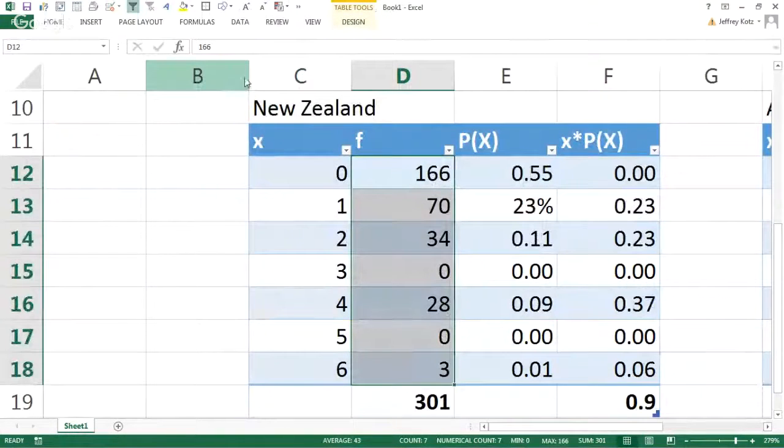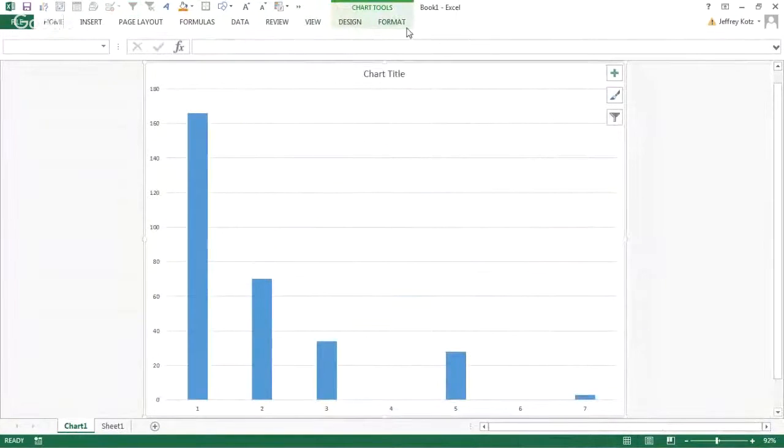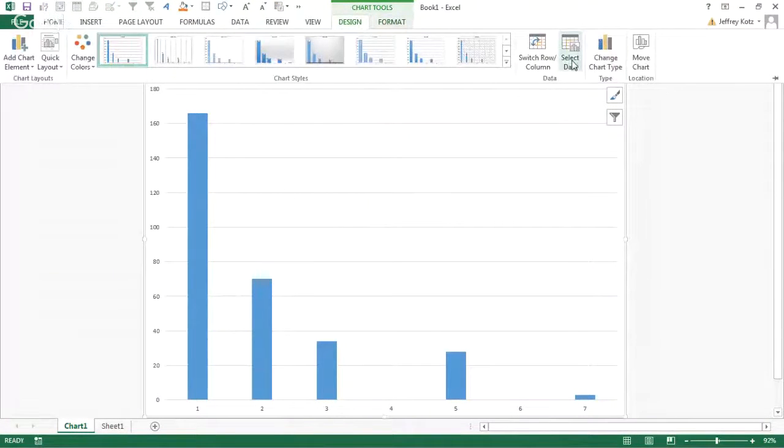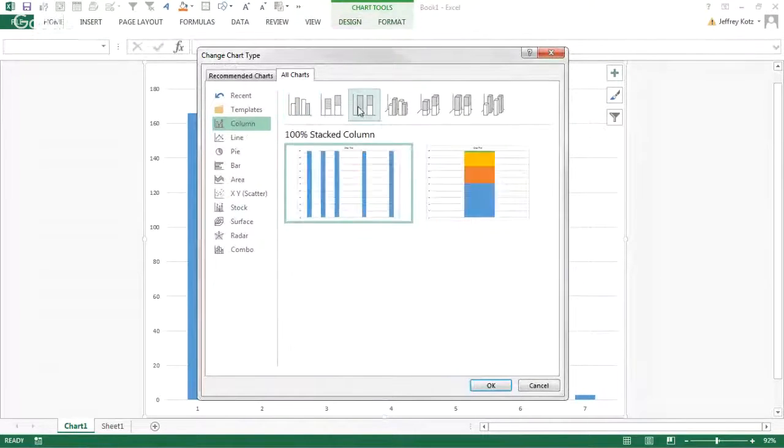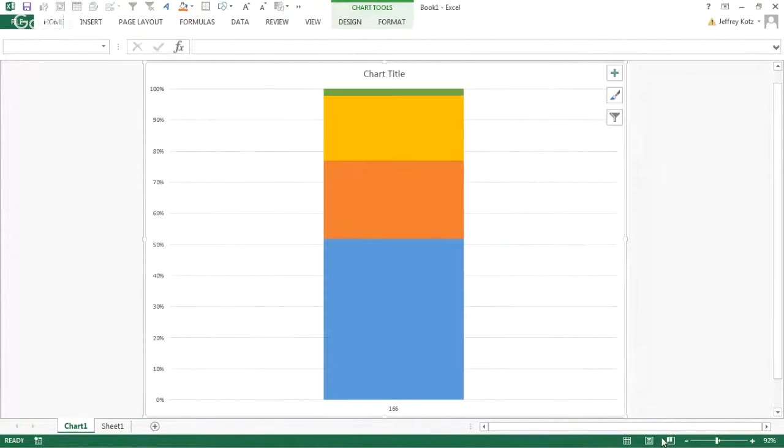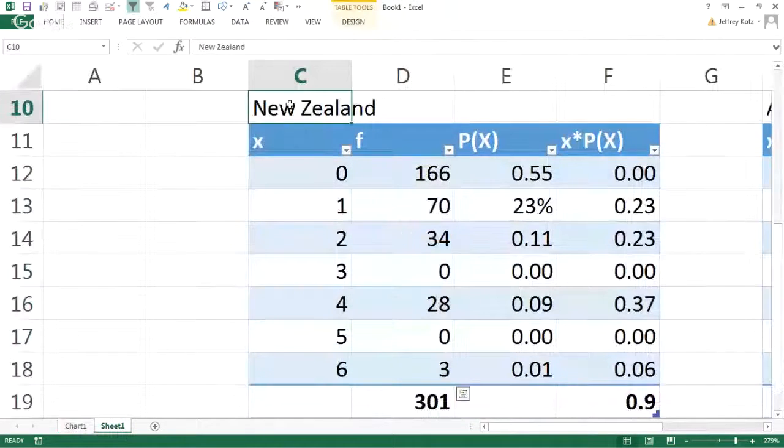F11 turns this into a chart. That's not the chart I want. The chart I want looks more like a 100% stacked bar chart, where this is all 100% or all 301 balls bowled to New Zealand.